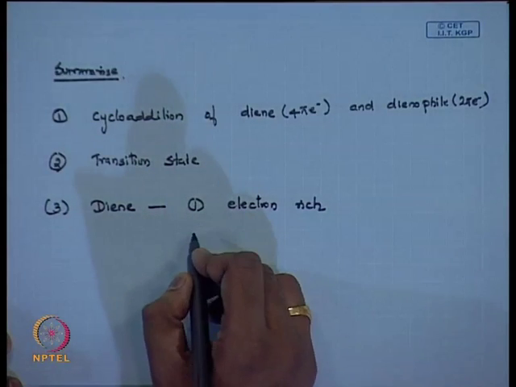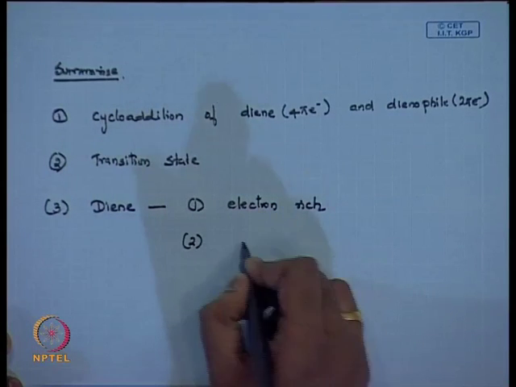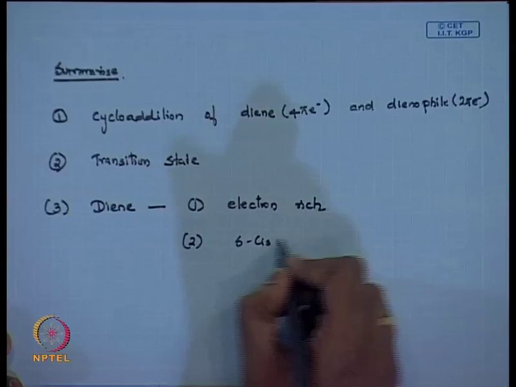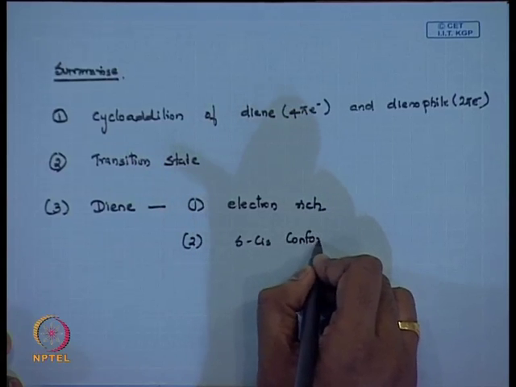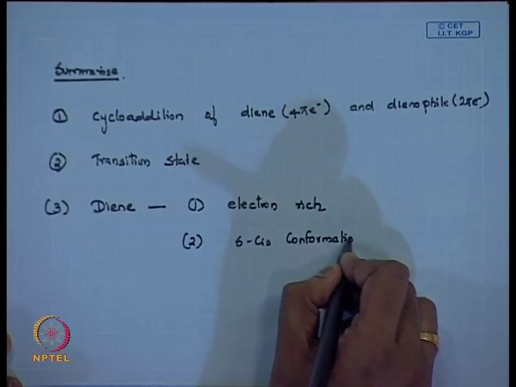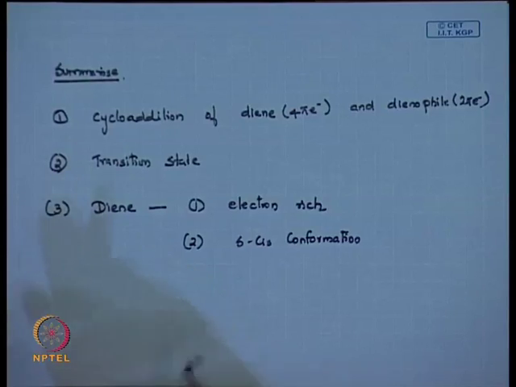Another thing which we talked about is that it should be in S-cis conformation. In cyclic dienes, you have the conformation locked, either cis or trans, so one can be an excellent diene and the other cannot be a diene.